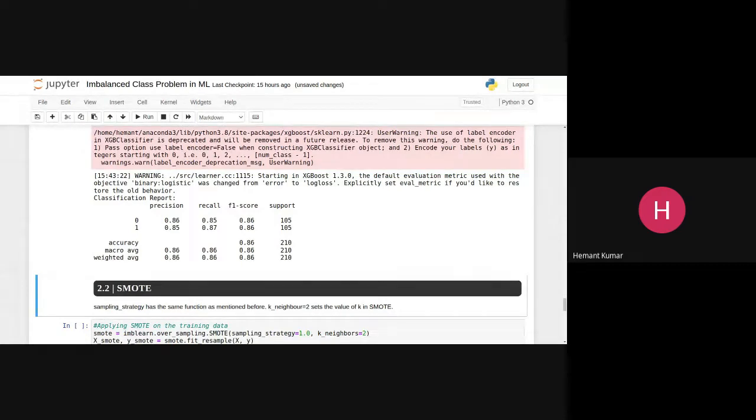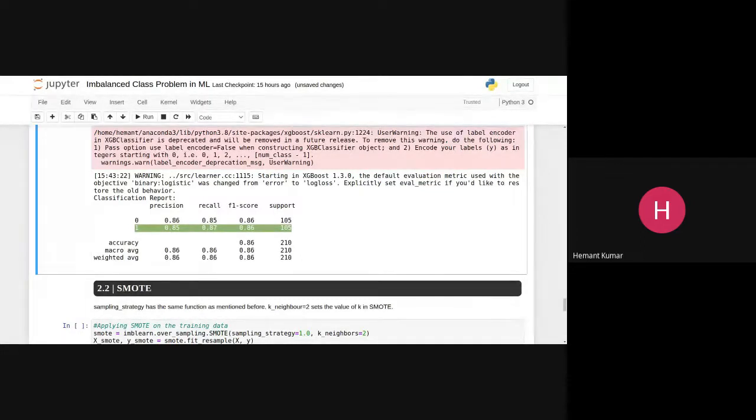Without using the random sampler algorithm, with XGBoost, precision is 0.57, recall 0.72, and F1 score is 0.64. And in that case, class 1 is improved from without applying random undersamplers.